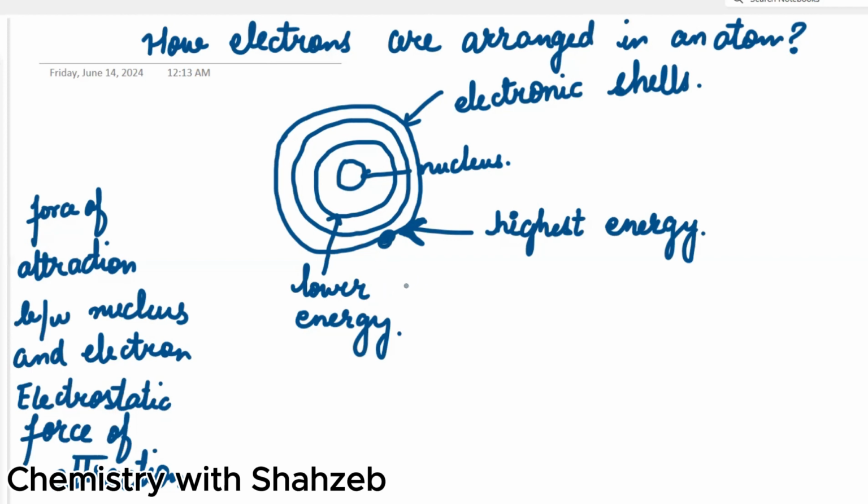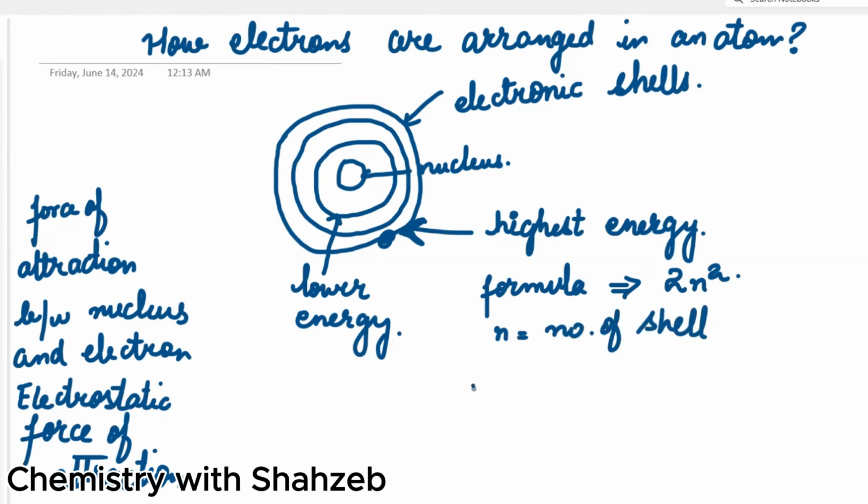So how many electrons can be accommodated in different shells? First of all, there is a formula in order to find out the number of electrons present in a particular shell, that is 2n square, where n represents the number of the shell.